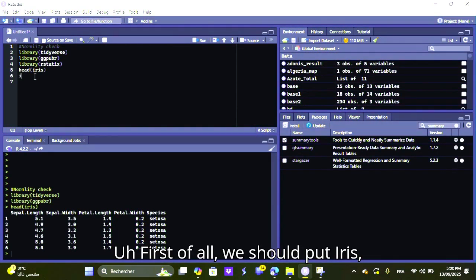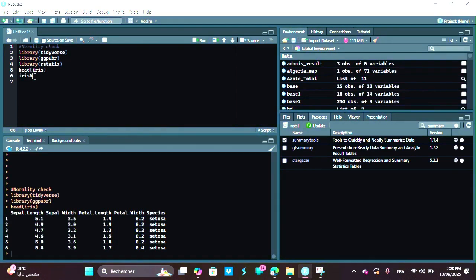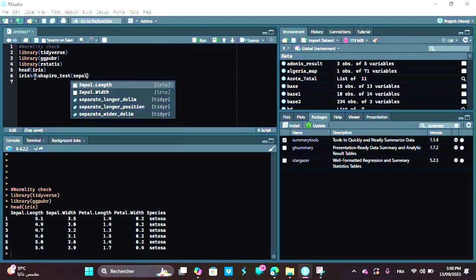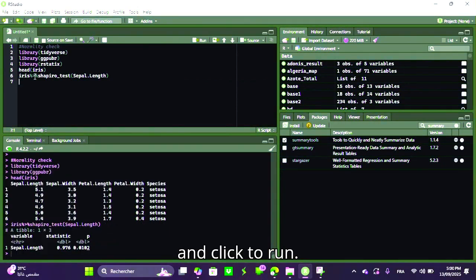First of all, we should put iris like that, then the pipe operator, and then we write the function, which is shapiro_test, and we write the appropriate variable, which is Sepal.Length, and click run.